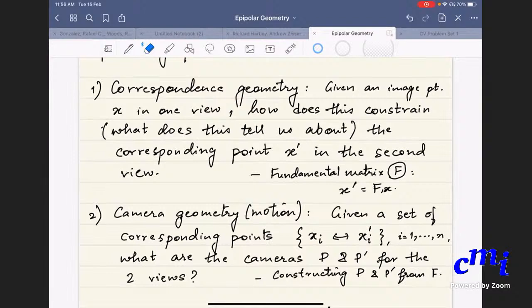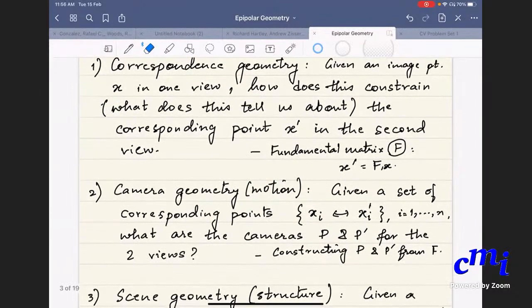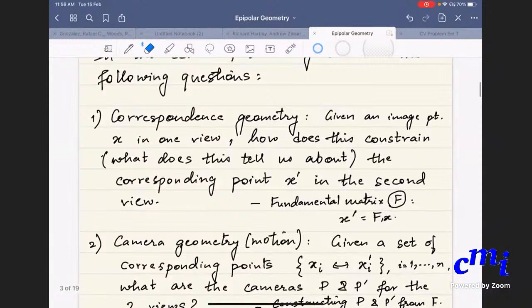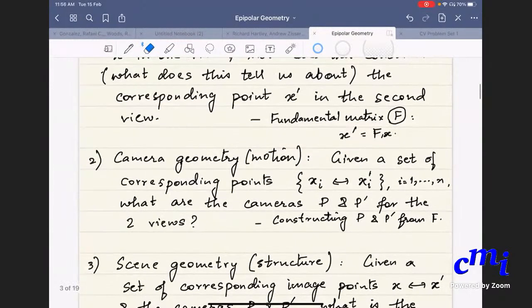There are many other questions that can be answered about two-view geometry. The first question is about image point correspondences. The second question is about the cameras themselves. What happens if the camera moves? If you have a set of corresponding points xi and xi prime, can you say where the cameras themselves are situated?